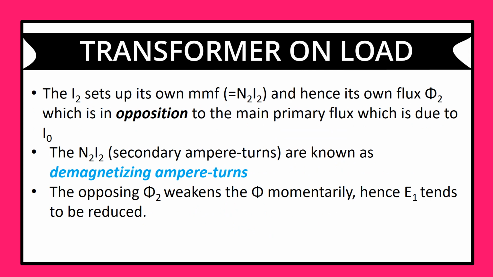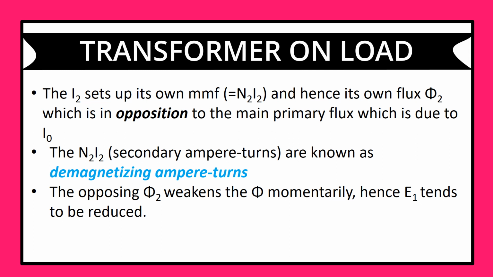To continue, the secondary current sets up its own magnetomotive force, which is equal to N sub 2 times I sub 2, and hence its own flux phi sub 2, which is, take note, in opposition to the main primary flux, which is due to the no-load primary current.